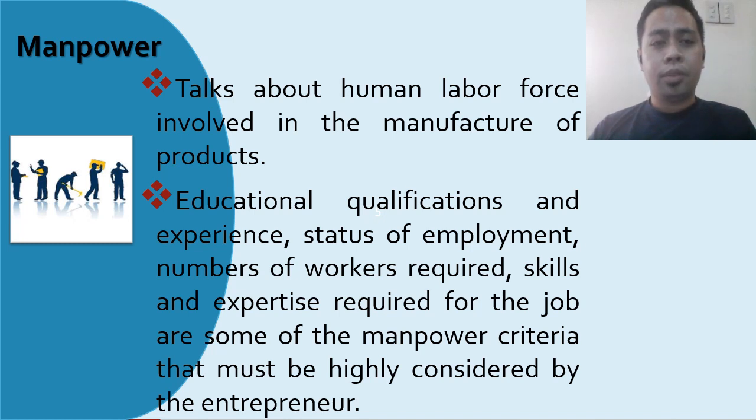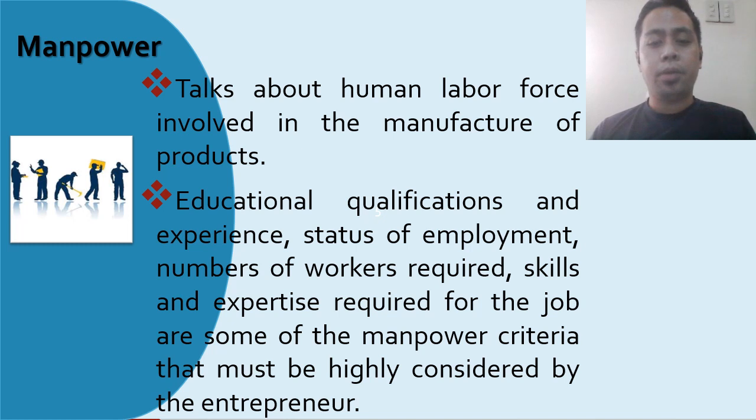So next M is the manpower. So manpower talks about the human labor force involved in the manufacture of a product. So we have qualifications also. We need the educational qualification, experience, status of employment, number of workers required, skills, and expertise required for the job.